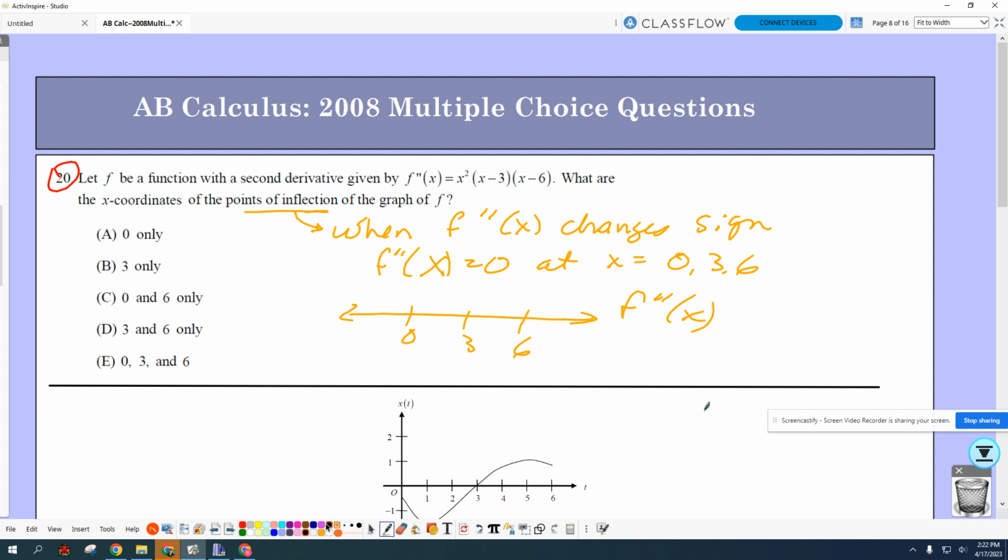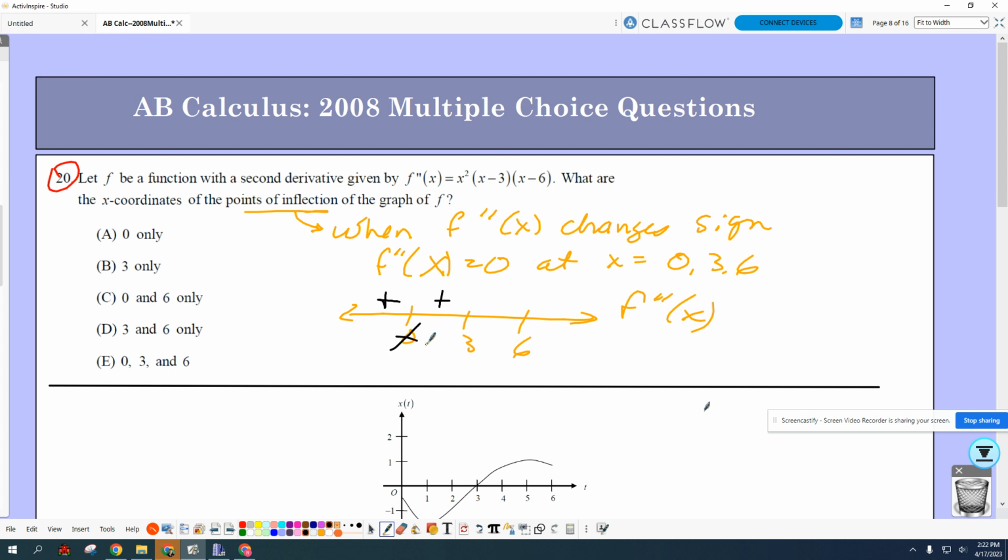Noah? You plug in -1, then you get a negative value because -1 minus 3 is negative. You get a negative times a negative times a negative squared, which ends up being 4 negatives, which is overall positive. Plugging in 2, that's positive. This one's negative, and that one's negative. It's still positive.